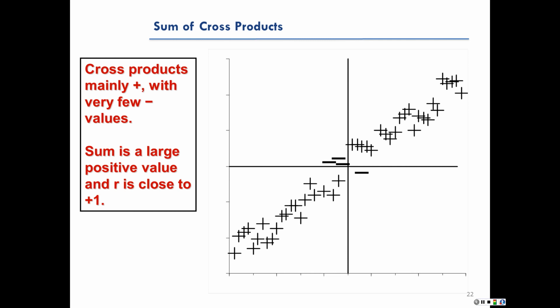And so, what we're doing is summing up all these cross products for everyone, right? And so if you think about it in a positive association, most of the cross products are going to be positive. You're probably going to have a few negative values, and the sum is going to be a large positive value, and r, the correlation coefficient, is going to end up being close to +1, and then you're going to see this line sloping up from the origin of the graph.